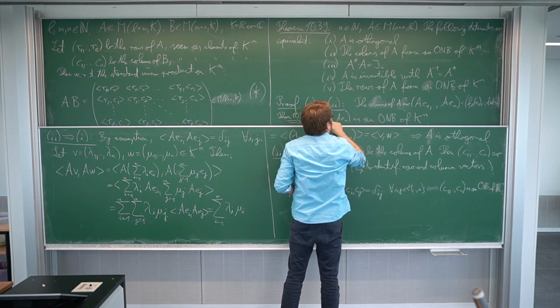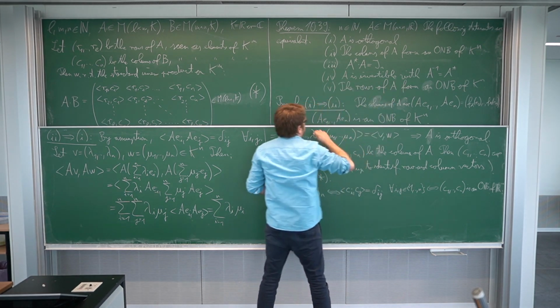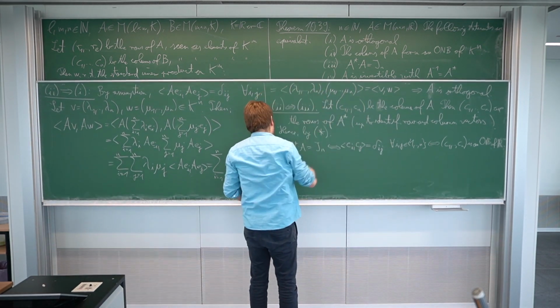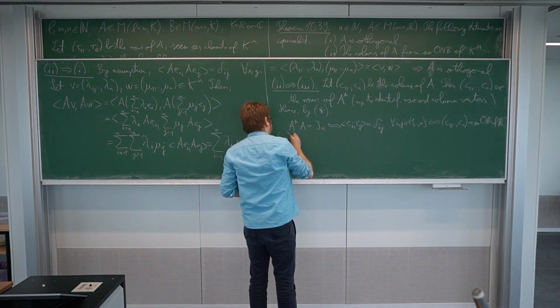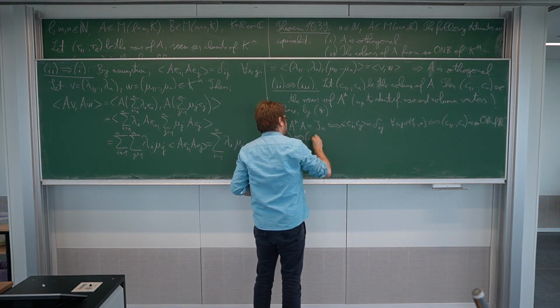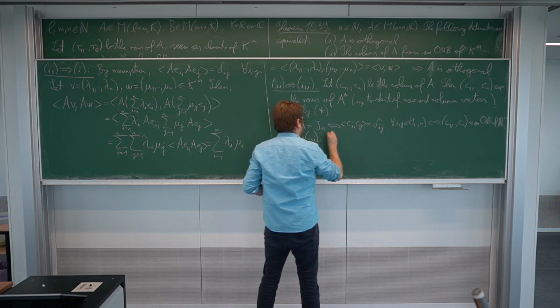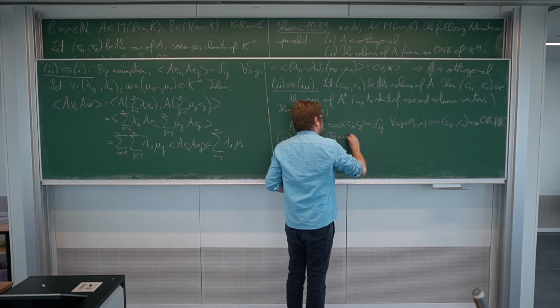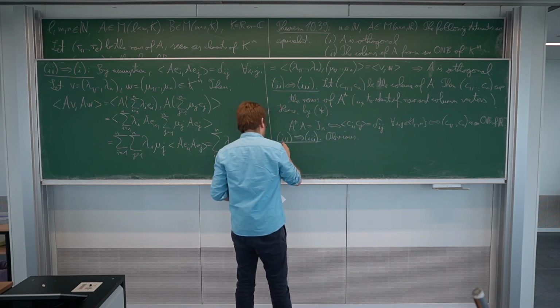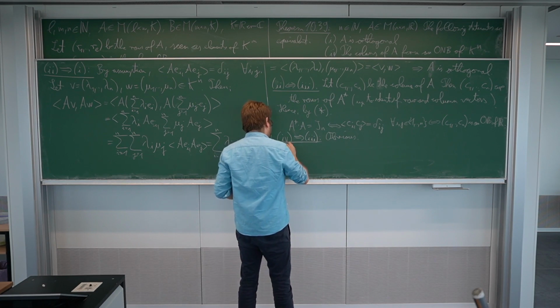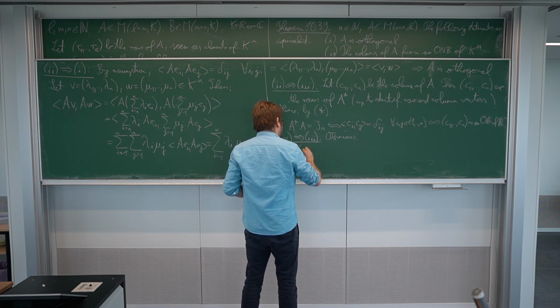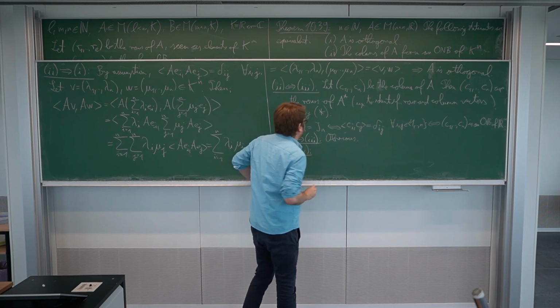This is the definition of the inverse, if it's invertible. So 4 implies 3 is obvious, but the complicated thing is the other implication, going from 3 to 4.